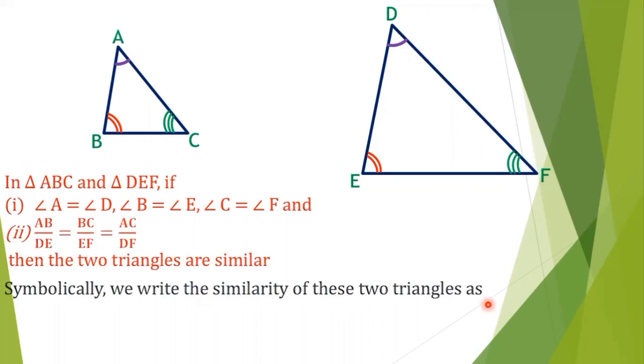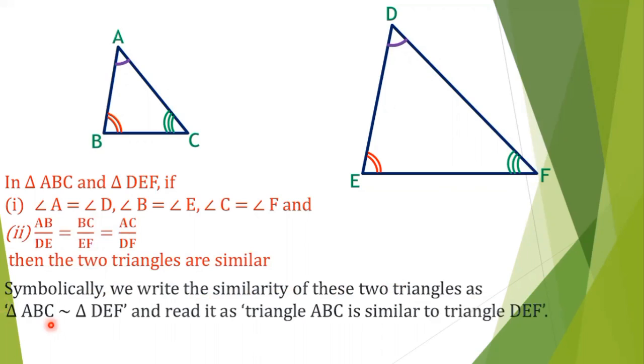Symbolically, we write the similarity of these two triangles as triangle ABC similar to triangle DEF. Observe the symbol for similarity of triangles and read it as triangle ABC is similar to triangle DEF. The symbol stands for is similar to.